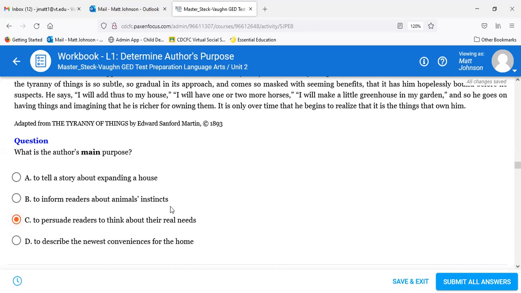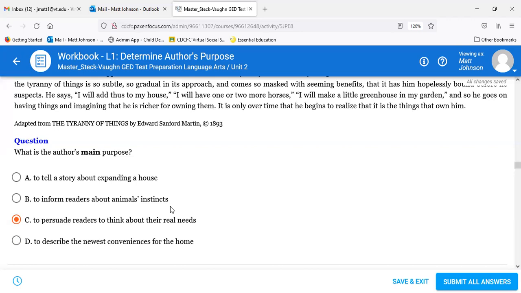And it's funny, this was written in 1893, but I think it really speaks to us today. If something is tyrannical, it's oppressive, it has authority over you, right? We see tyranny as the opposite of democracy. That's often the way it's painted. And here it's the tyranny of things, your possessions having authority over you.